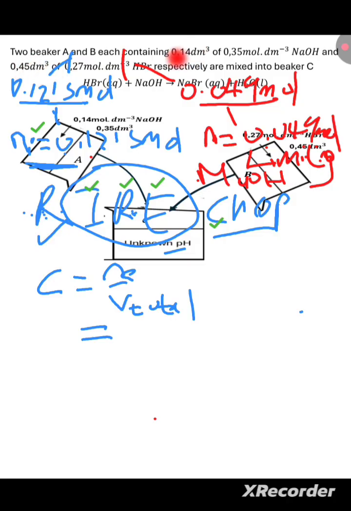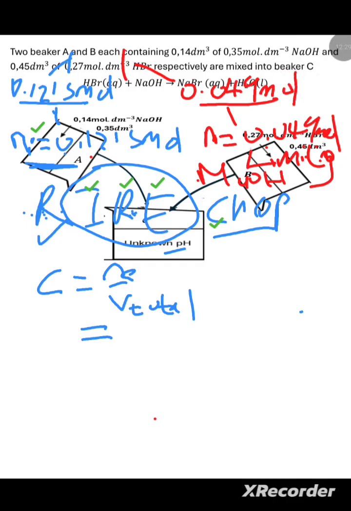You're combining the two volumes together because you have mixed them together. The total volume inside here is bigger, so we add the two.